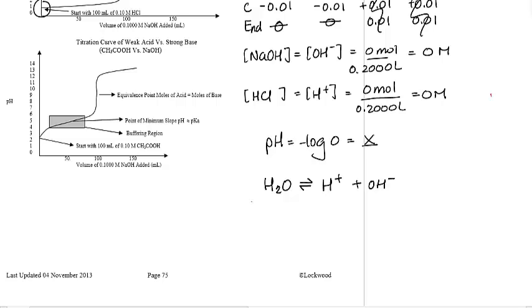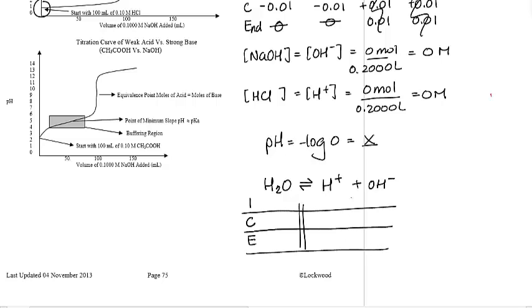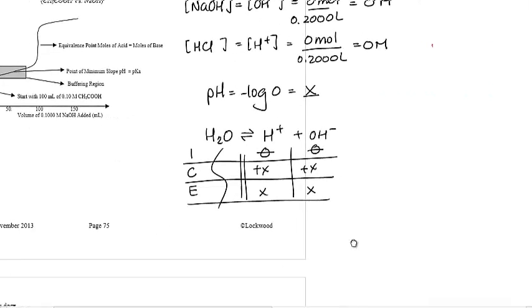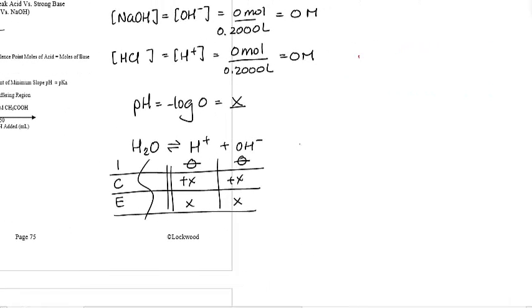And when we take a look, we have an equilibrium, and so we have our ICE chart. So we can't do anything with the water. Initial is 0 and 0, then this is plus X, and then this is X and X.